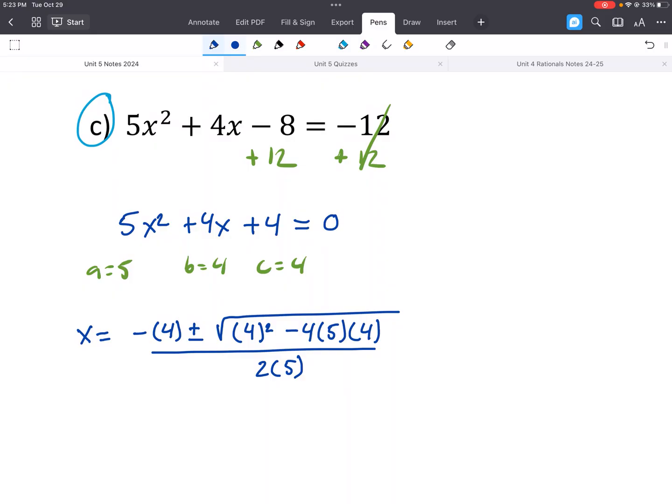Simplify the discriminant, what's inside. So plug this in your calculator. And you'll end up getting negative 64. So we'll plug that in, or write down our new simplified problem.